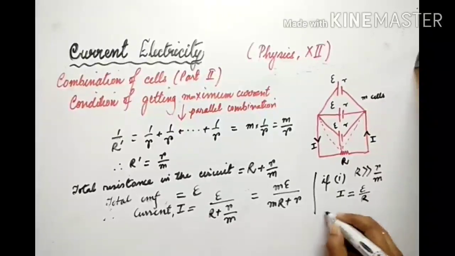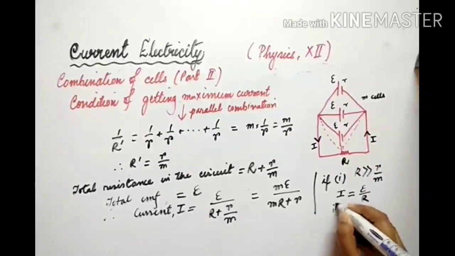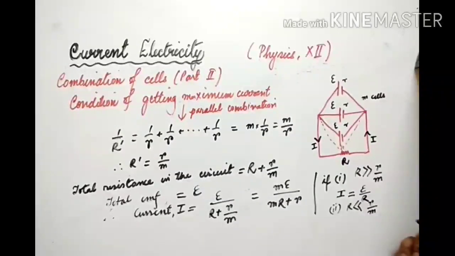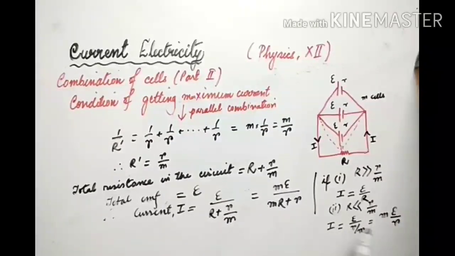Now suppose your R is much less than r by M. In that case the current will be E by r by M, or M into E by r, because here we omit R because it is less.